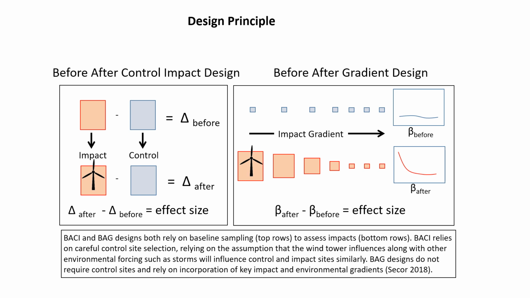In BAG, or before-after gradient designs, we seek to understand the underlying function of the impact, assuming, as shown here, that it varies with distance from the impact. I want to emphasize, though, that these two design types need not be mutually exclusive.